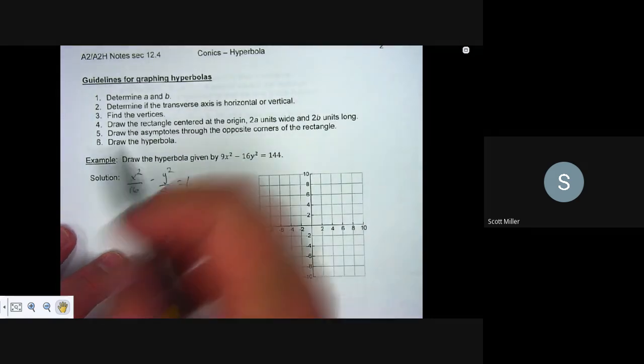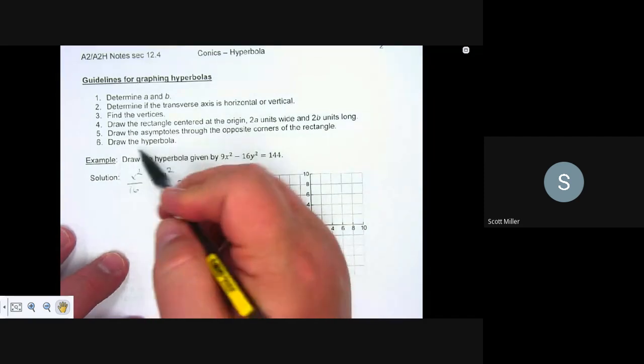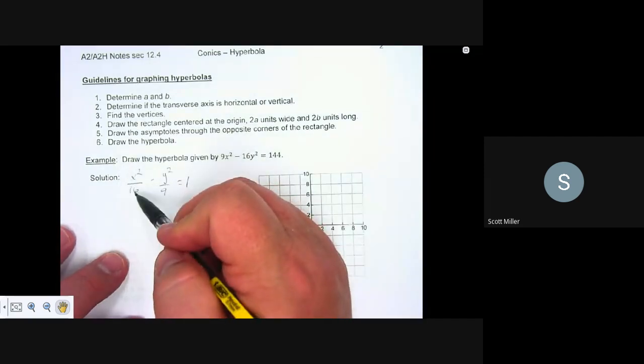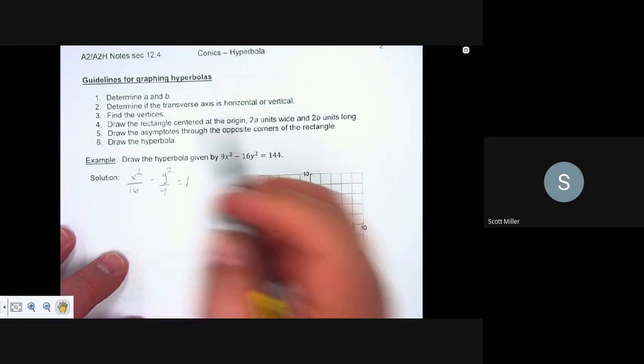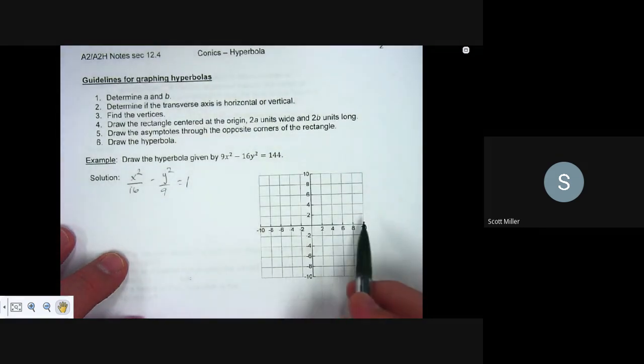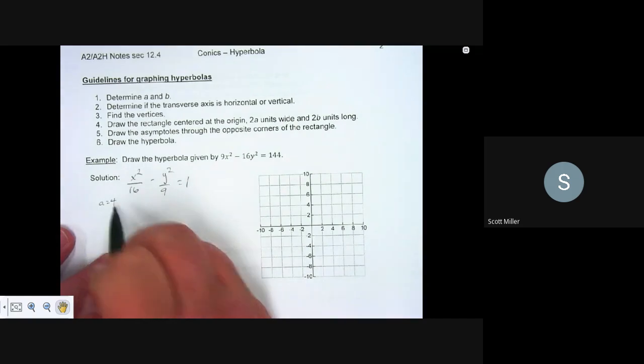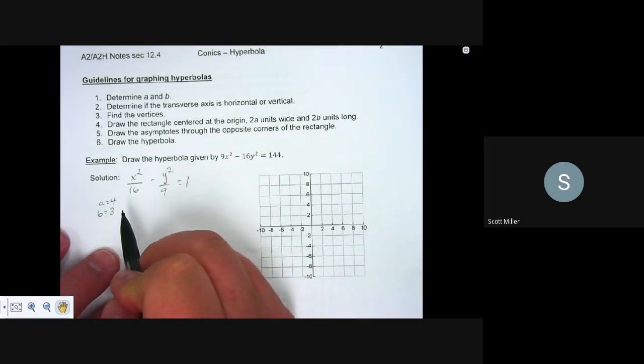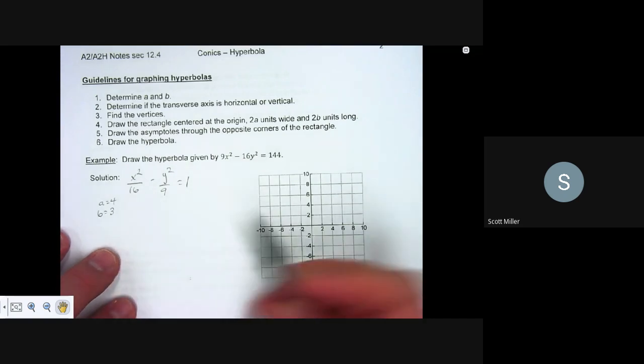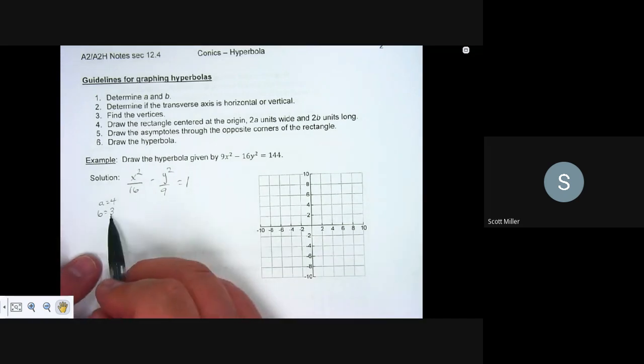It shows me that x is the positive, which I knew already, and that means this is A. And it also tells me that we're going to be going horizontally. So I know A is 4 and B is 3. So I know from this instance right here, there's the A and B.